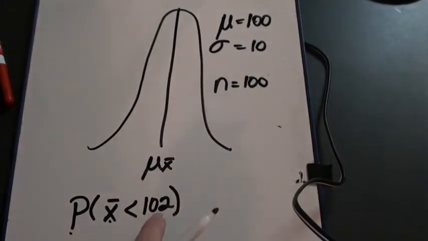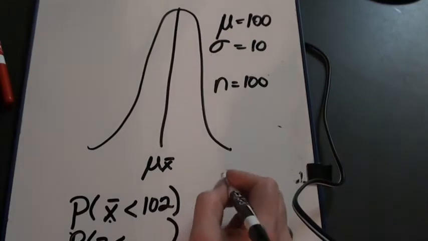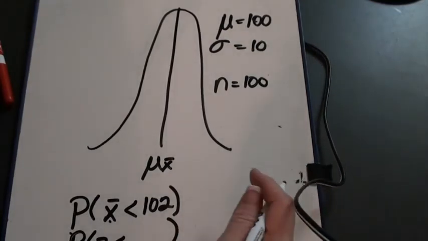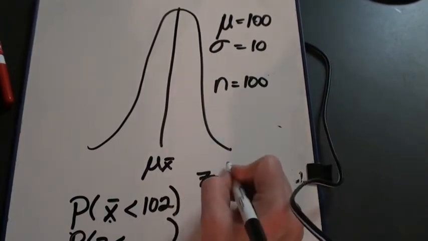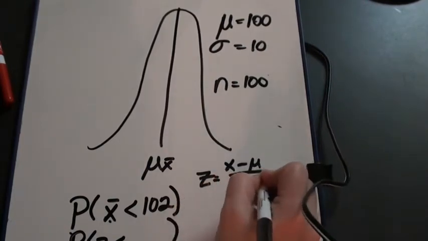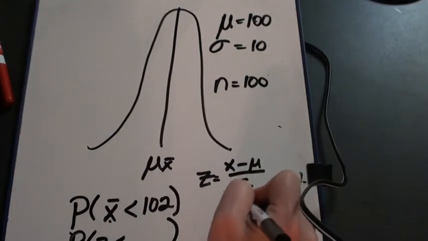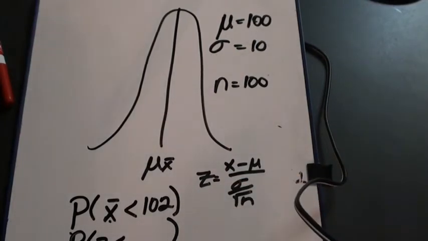Okay, before, you remember we converted this into a z. The formula was z equals x minus the mean divided by the standard deviation. In this problem it'll be very similar. It's just z equals x minus the mean divided by the standard error, which we just talked about a minute ago.